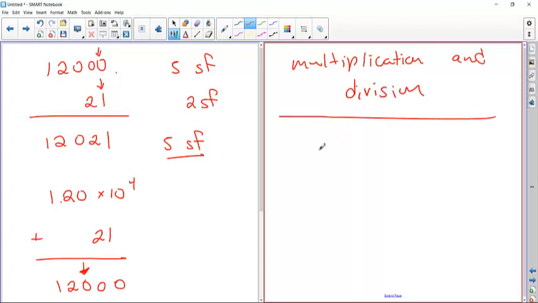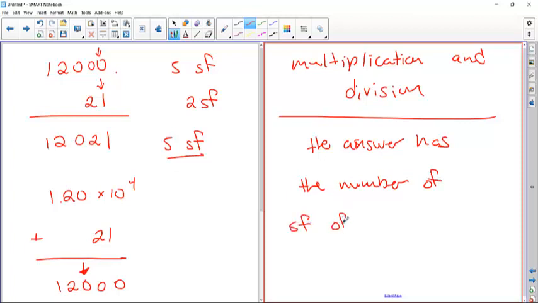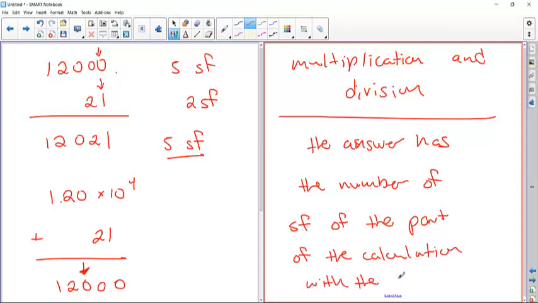For this, the answer has the number of significant figures of the part of the calculation with the least significant figures.